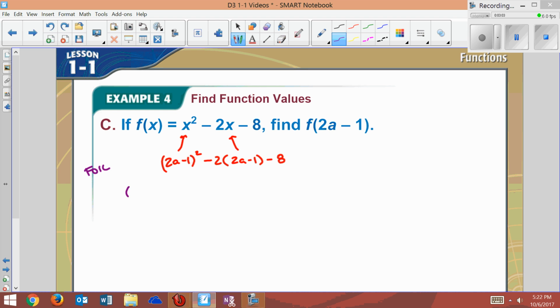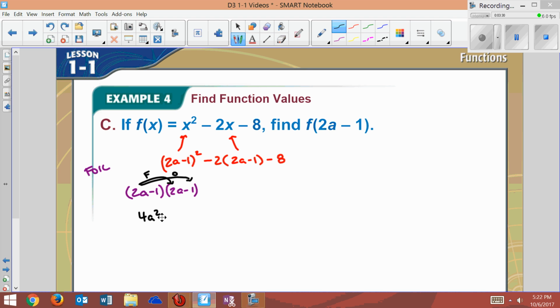FOIL stands for, when you write out your parentheses, since it's squared, I'm going to write it twice. It stands for first times first. That's the F in FOIL. That gives us 4a squared. And then the O stands for outside times outside.